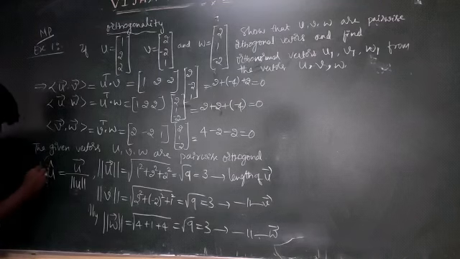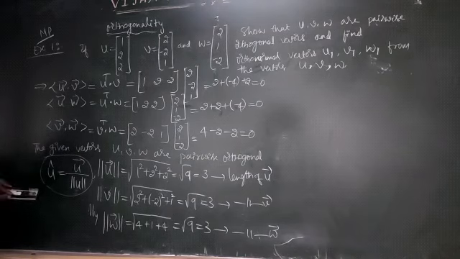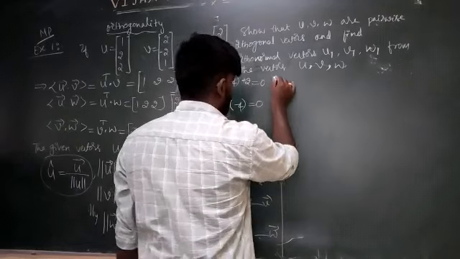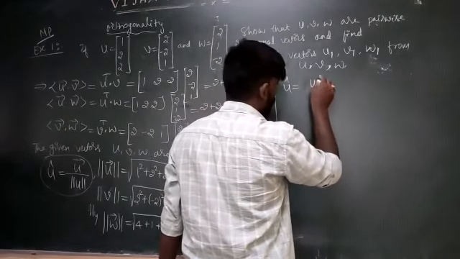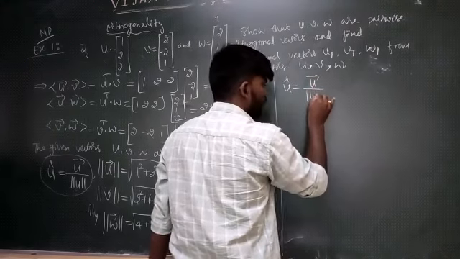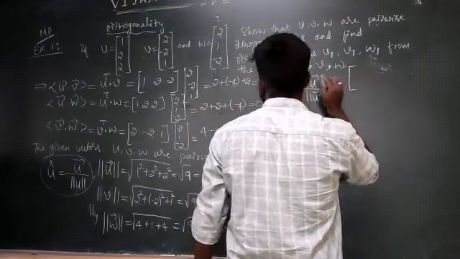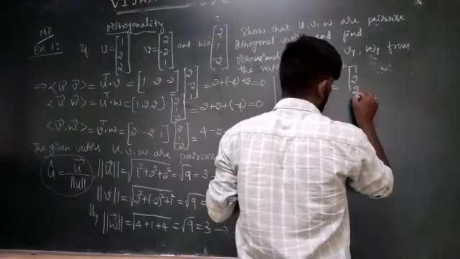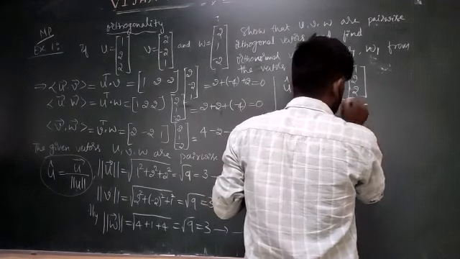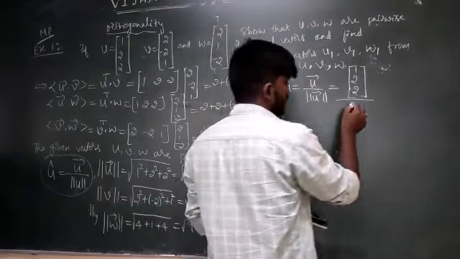We have to find the orthonormal vectors from the given vectors. We have this formula: u cap is equal to vector u divided by the norm of u. This equals the vector u, given by 1, 2, 2, divided by its norm, which is 3.